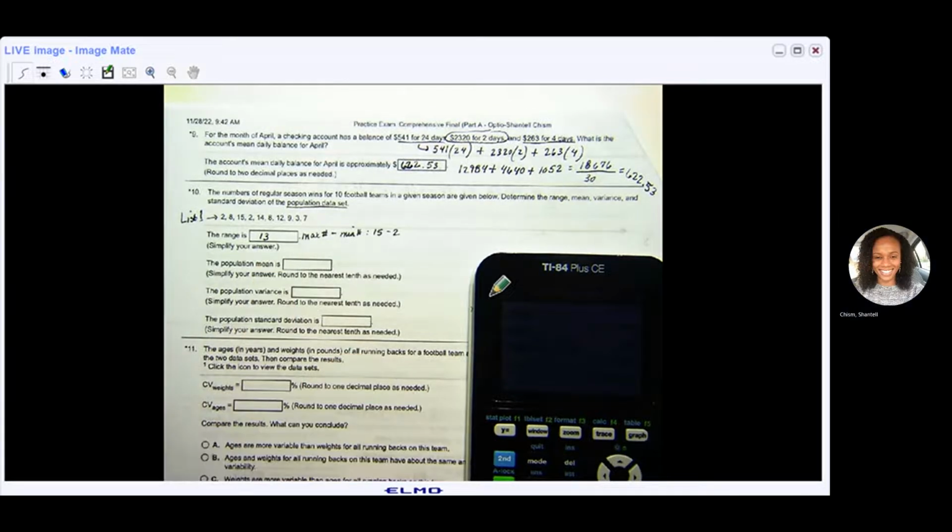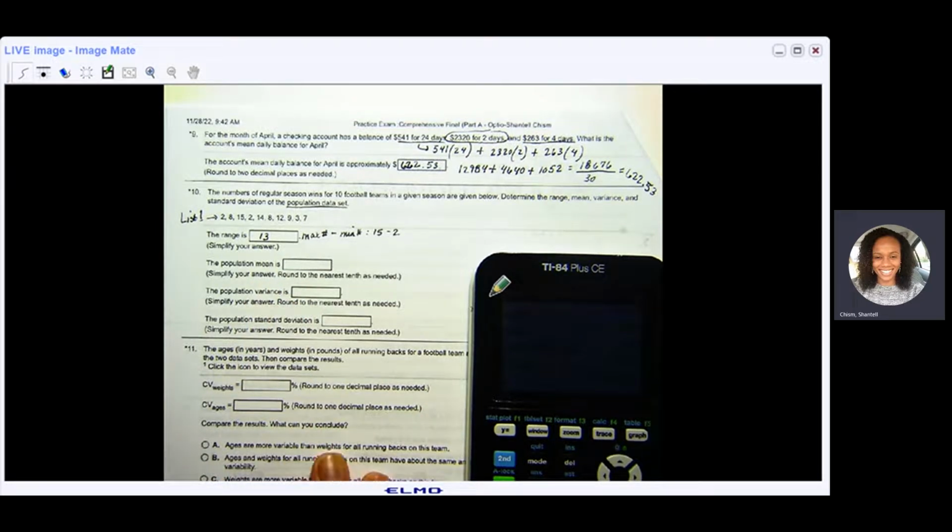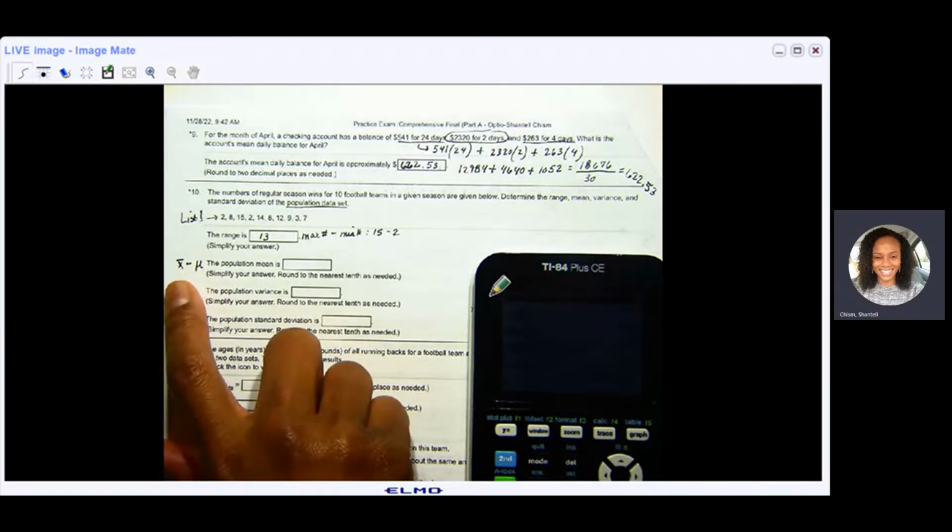Population mean, variance, and deviation, I will use my calculator on those. So I'm going to put these numbers into a list, probably list 1. Then I will get the mean, and the deviation, and I'll then be able to get the variance. Even though technically it is a population, the value from the calculator will be called X bar, because they have the exact same formula, the calculator just calls the mean X bar by default.